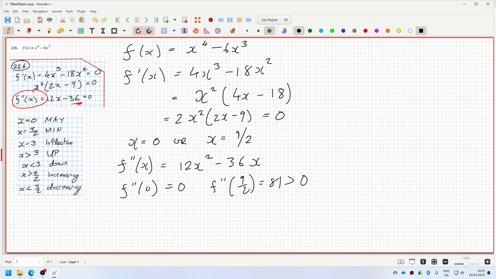Now, the second derivative is 0 at 0, so I might need a third derivative to help decide. The third derivative here is 24x minus 36, which will be a negative. So if I just try and roughly sketch this out here.